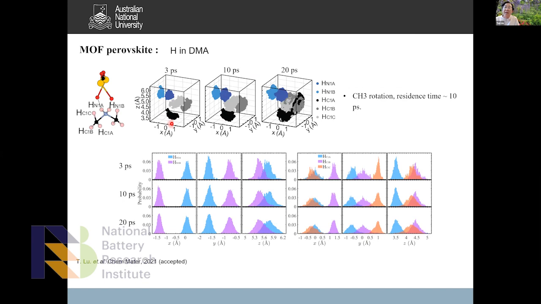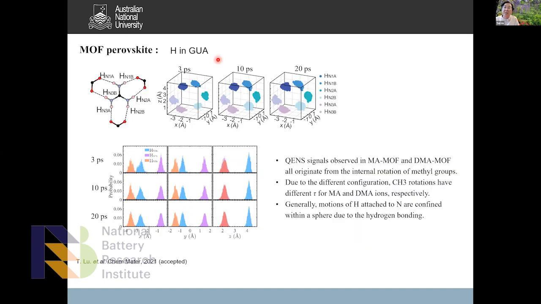They are different. Overall, you will say all the signal actually originates from internal rotation of the methyl group, and they have different configurations. CH3 rotation will be different at different times, and the hydrogen bonding with the nitrogen has more limitations. Okay, so that's the thing.